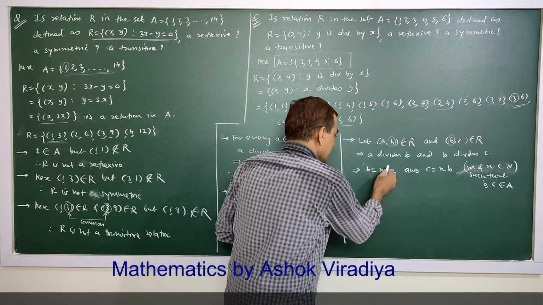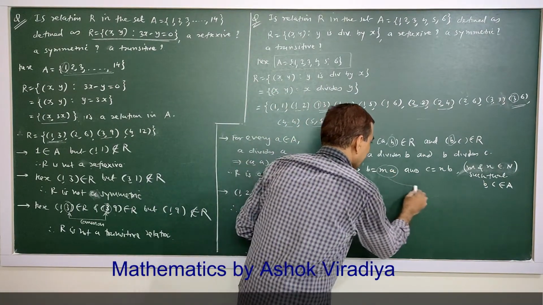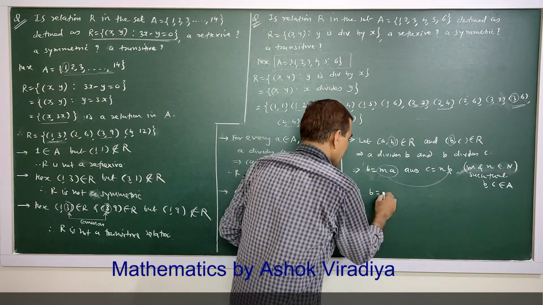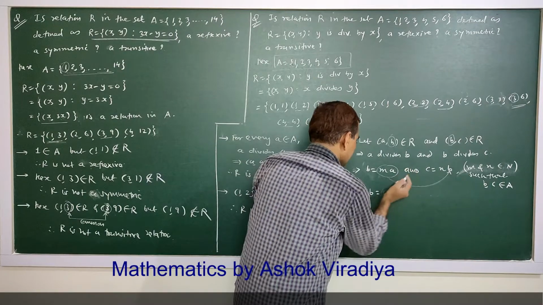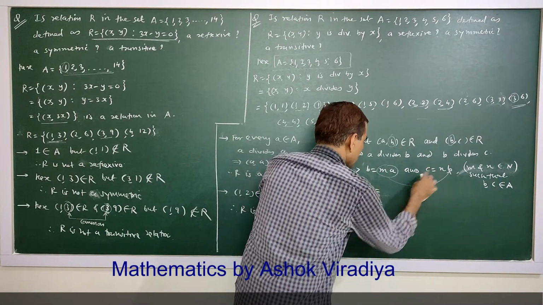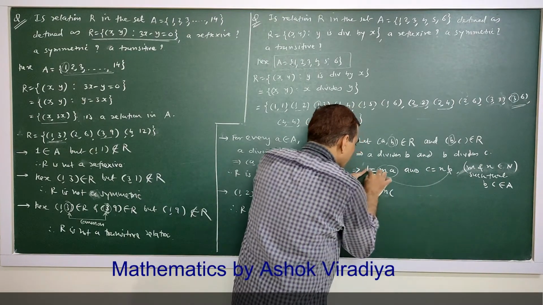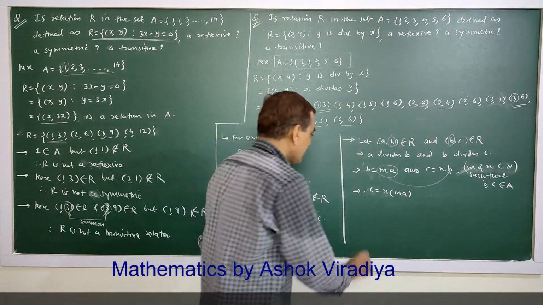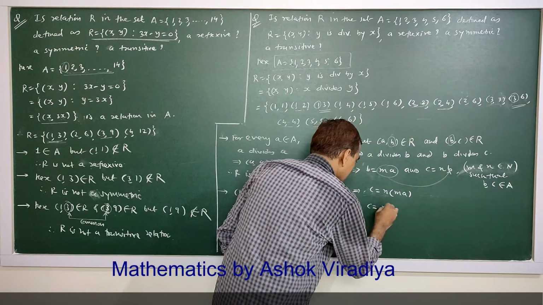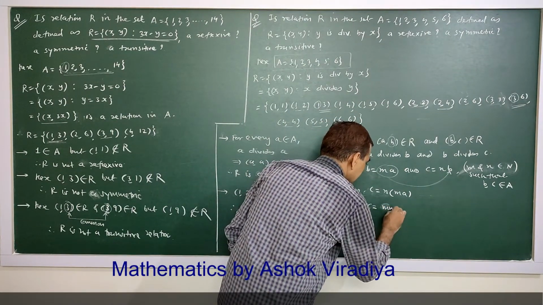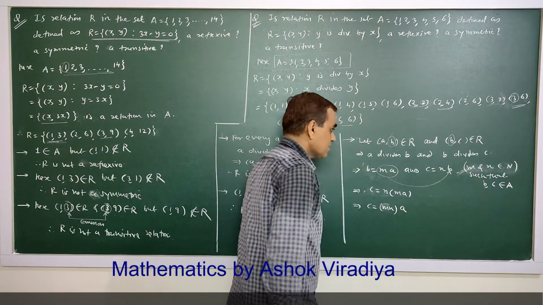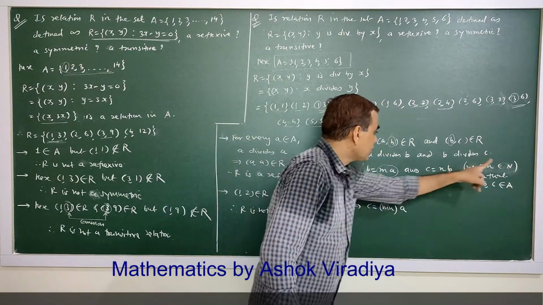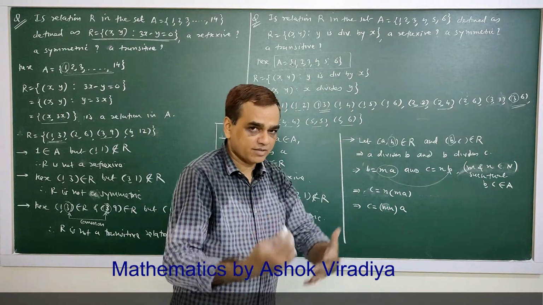Now I am putting this value here. C is equal to N into B, and putting B equal to MA, C is equal to MN into A, where M is a natural number, N is a natural number, so MN is a new natural number.